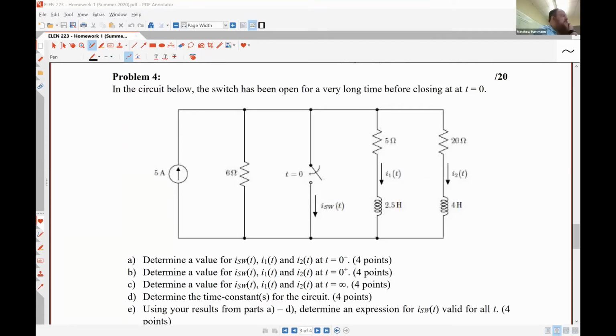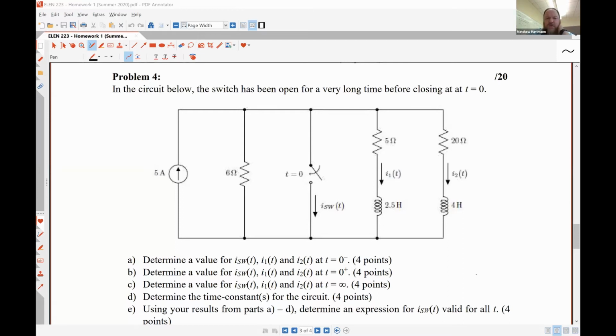So the student in his email asked, when we are looking for the inductance equivalent for the time constant in problem 4, part D, do we short circuit the resistors / ignore them and just focus on the inductors? And that's an odd question, so I'm just going to address what we should be doing, okay?